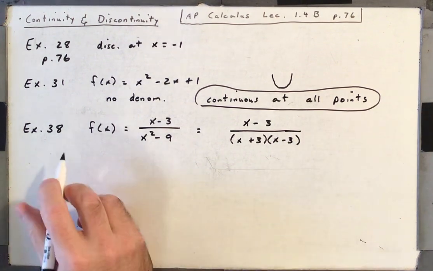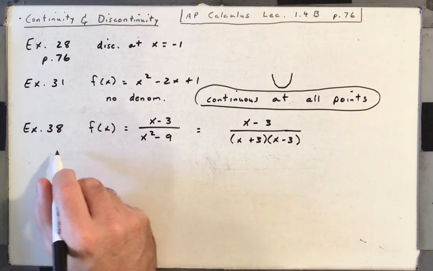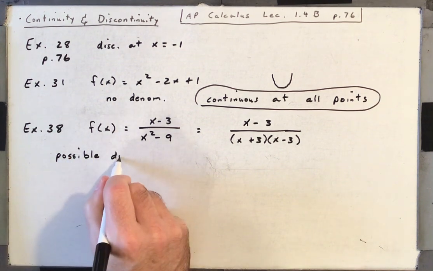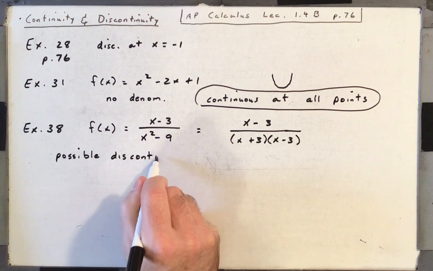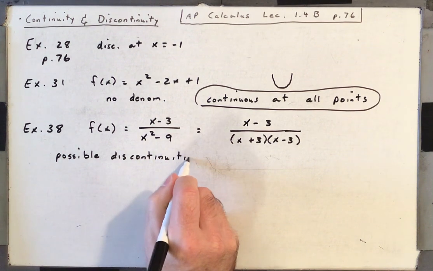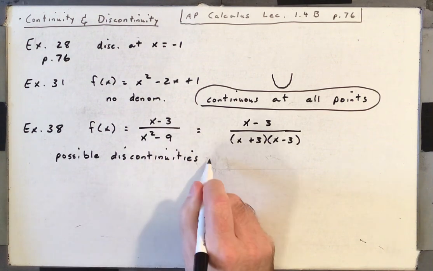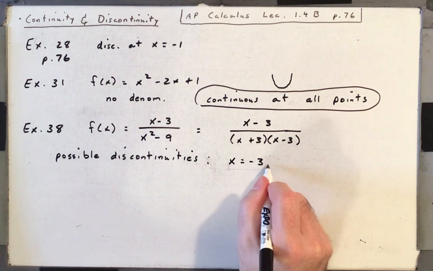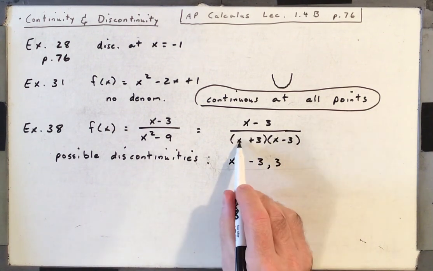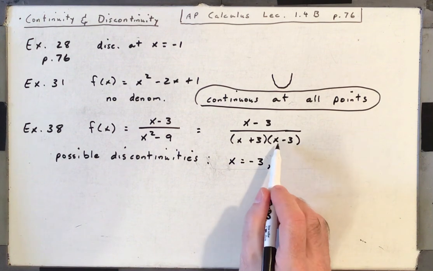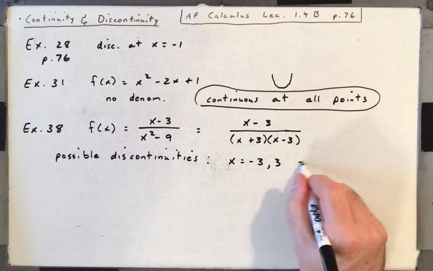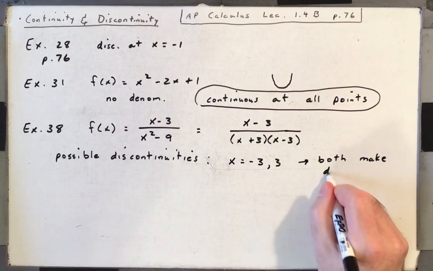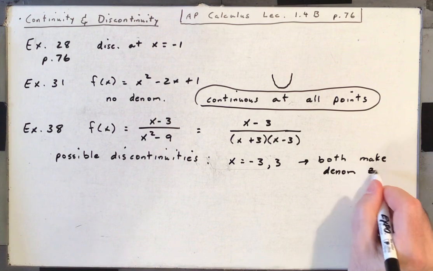There are two possible discontinuities here, wherever the denominator is 0. So at x equals -3 and 3, right? Both make the denominator 0.